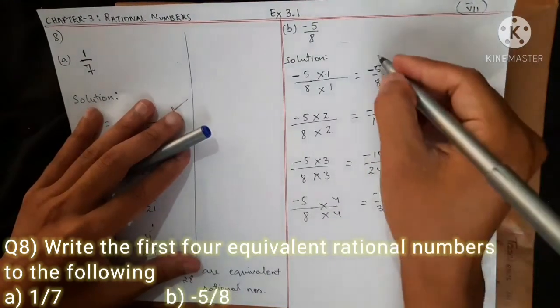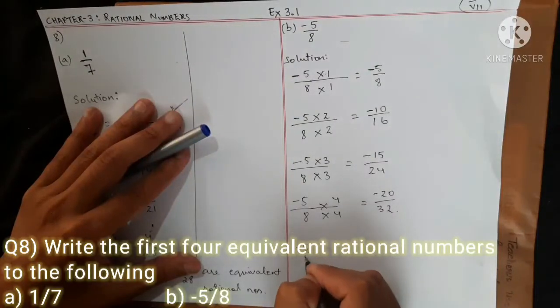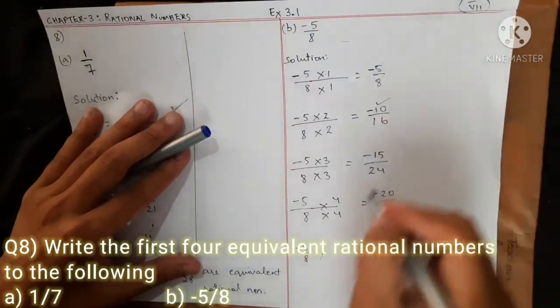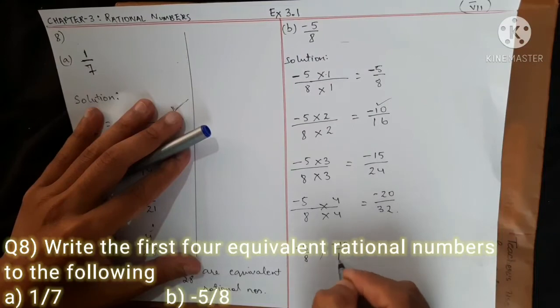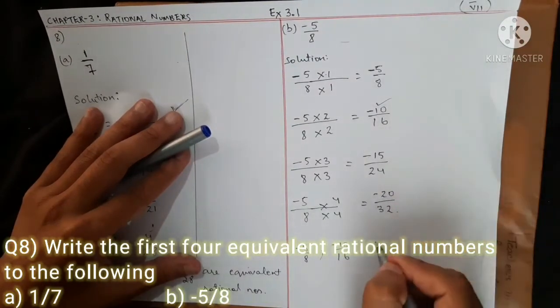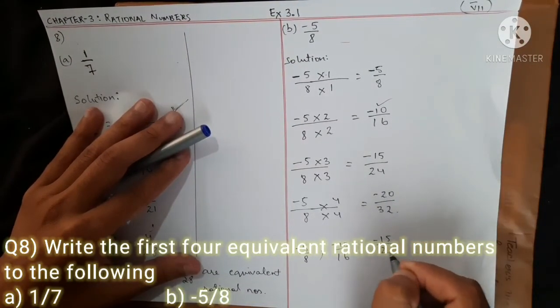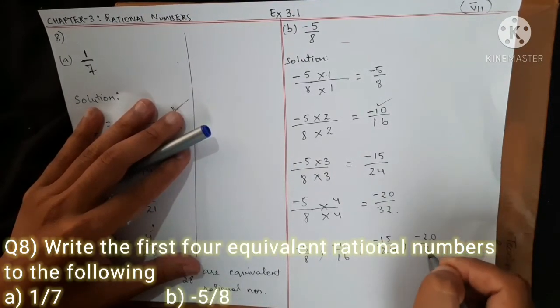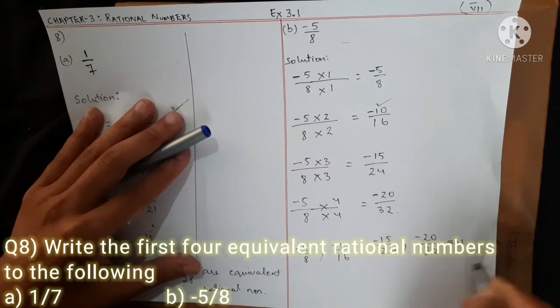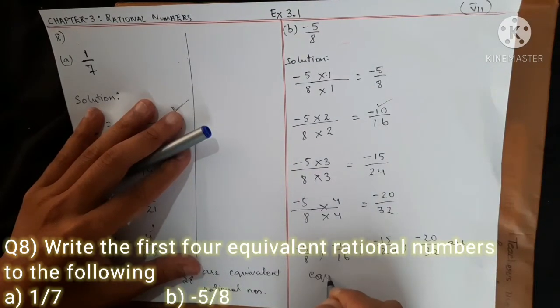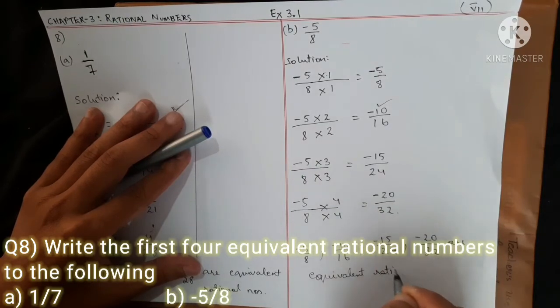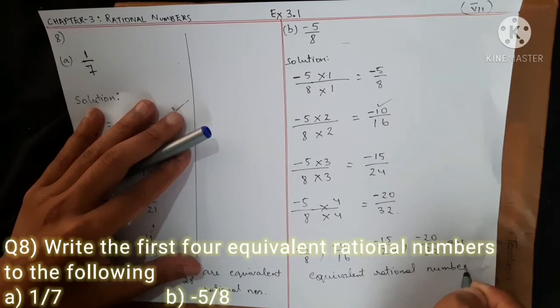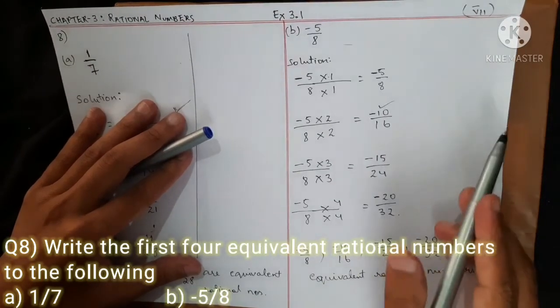So minus 5 by 8, minus 10 by 16, minus 15 by 24, and minus 20 by 32 are equivalent rational numbers.